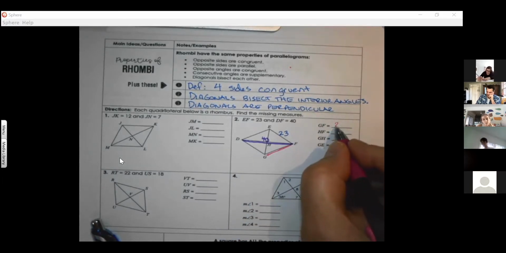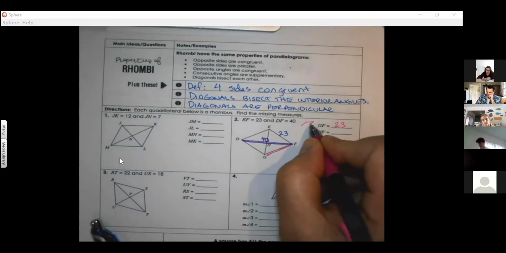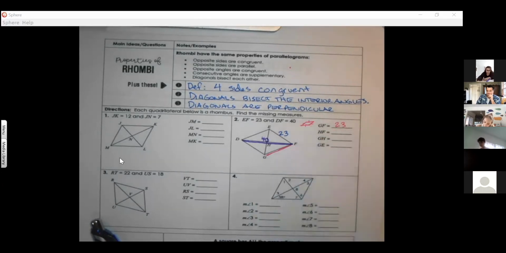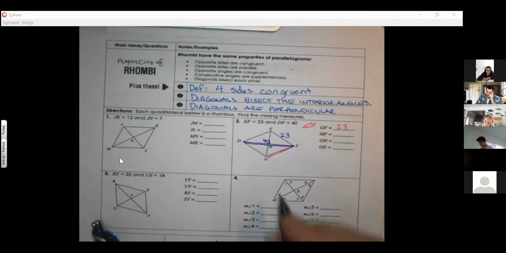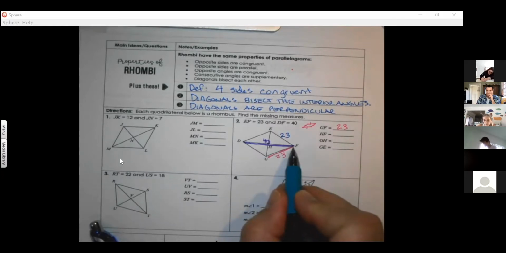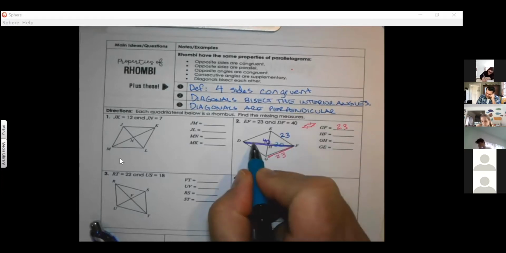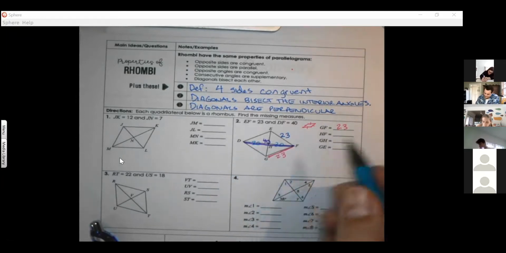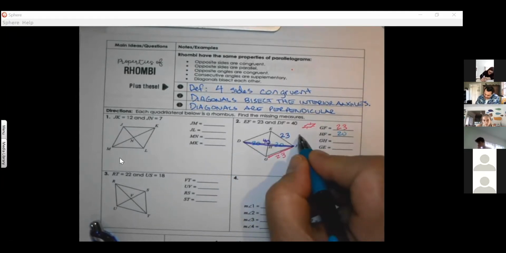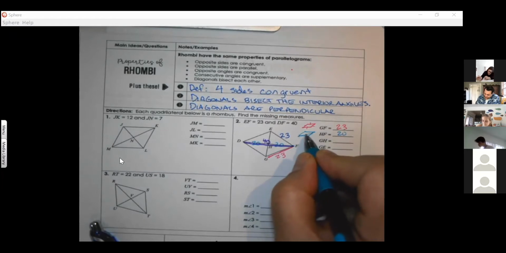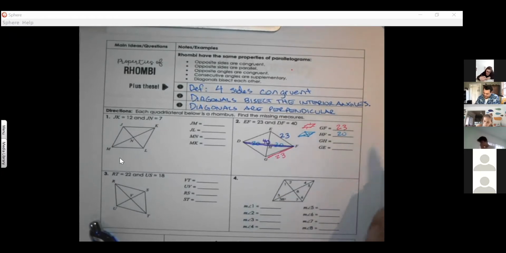Because all sides are congruent, it's just going to be 23. What about HF? 20. Good. Why 20? Because it's half of DF. Yep, because the diagonals bisect each other. All right. What about GH?